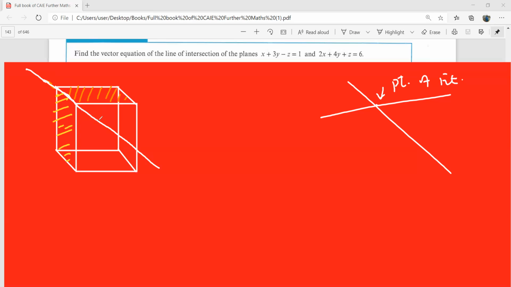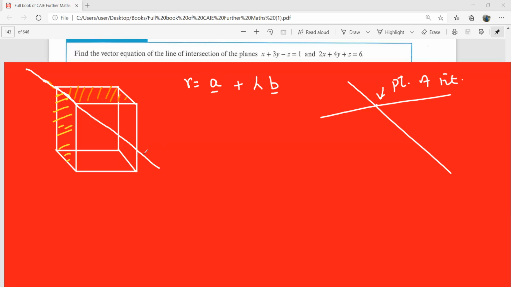When you have to learn this, you should go back to the method where you were writing the equation of a line. When you have to write the equation of a line, you must remember that we need a point on that line, and then we have to have the direction vector of that line.